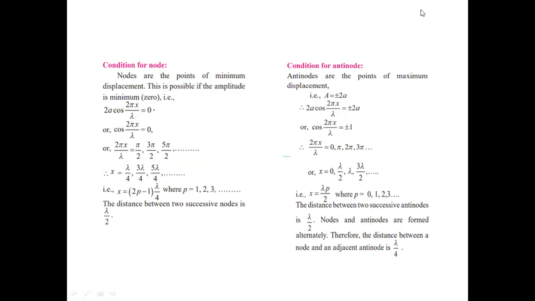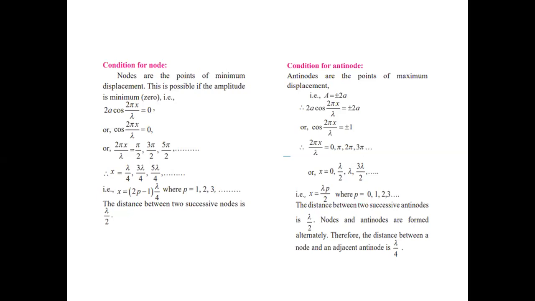In the next step, we can write cos of 2 pi x upon lambda is equal to 0. Now we have to understand at which angles cos is 0. In the next step, we can write 2 pi x upon lambda is equal to pi by 2, 3 pi by 2, 5 pi by 2, 7 pi by 2 and so on.